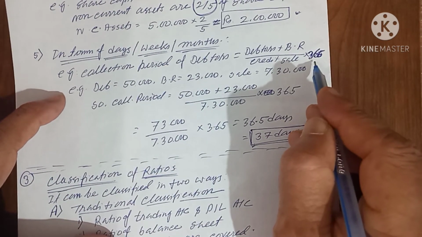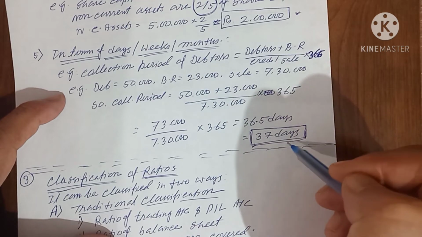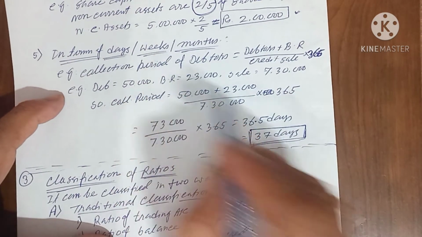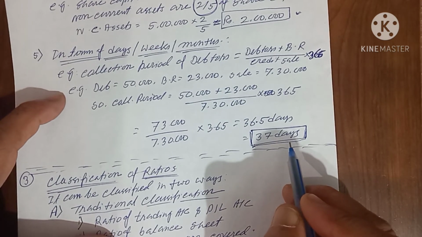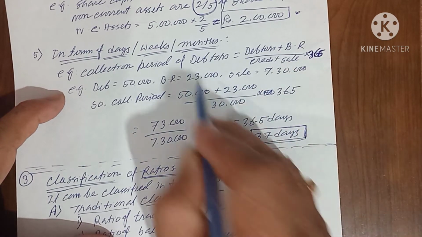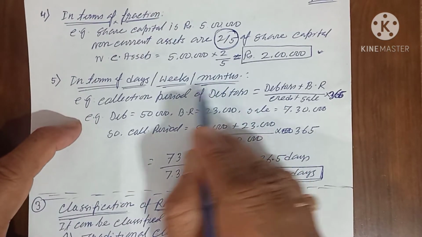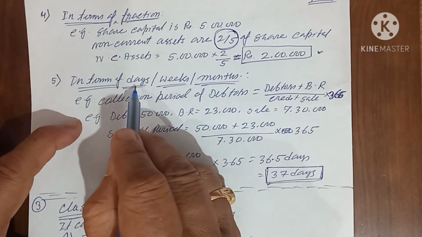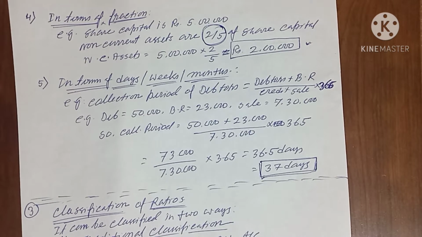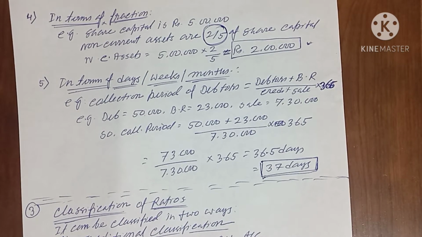When we multiply by 365, the answer will come in days. When we multiply by 52, the answer will come in weeks. And when we multiply by 12, the answer will come in months, because month means 12, week means 52, and days means 365 days. This is the overall idea about the ratio.